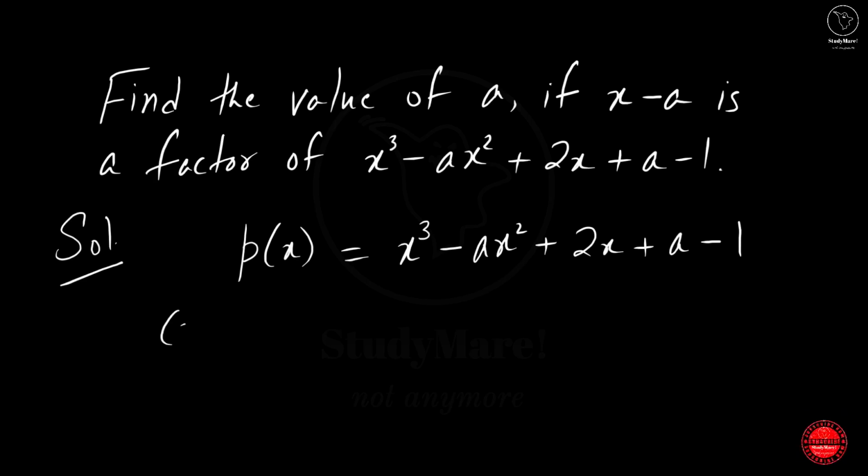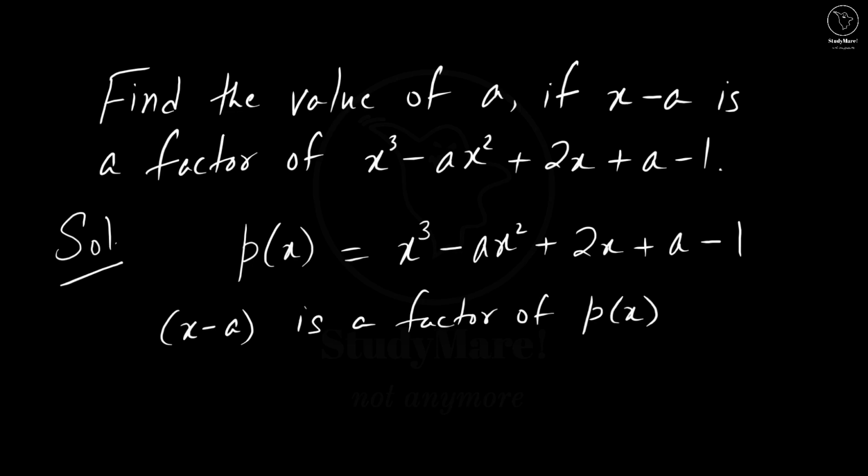It is given that x minus a is a factor of this polynomial p(x), which means x minus a must be equal to 0, which simply gives us the value of x as a. We have simply moved minus a from LHS to RHS to find the value of x.